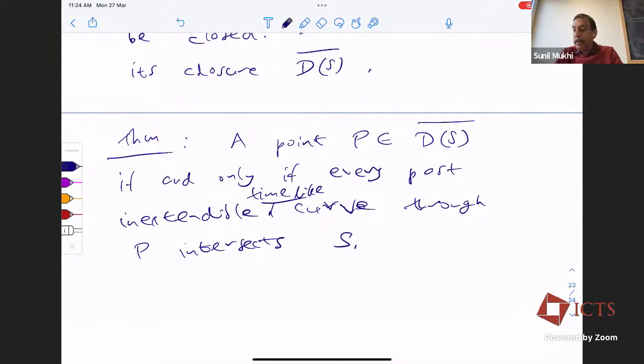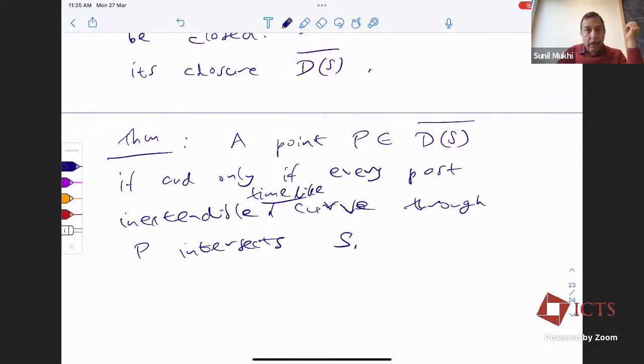Then even every past inextendable time-like curve through P will intersect S, and this is an if and only if condition. So if I find a point such that relative to an a-chronal surface S every past inextendable time-like curve intersects S, then I can say P is in the closure of the domain of dependence of S. Good.